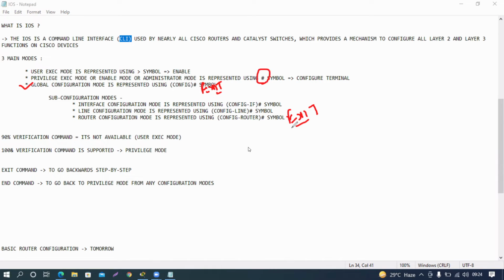Two times you have to give exit. But if you directly want to go from this config router mode to the privilege mode, then you can simply give the end command. The end command directly takes you to this particular mode, skipping this mode, so you will not get this mode.